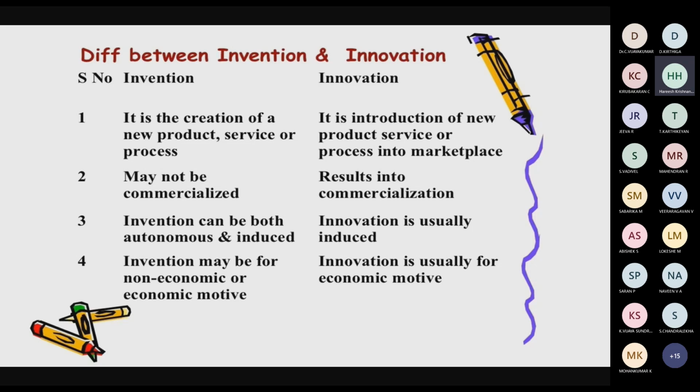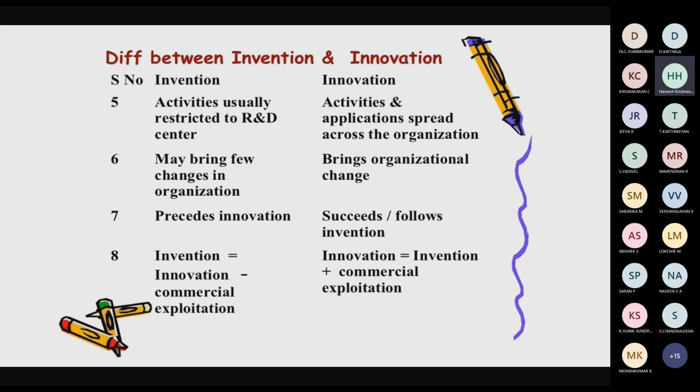In the case of invention, the work is restricted within the R&D center or R&D department. But in the case of innovation, it is beyond the R&D department because we need products for the market.